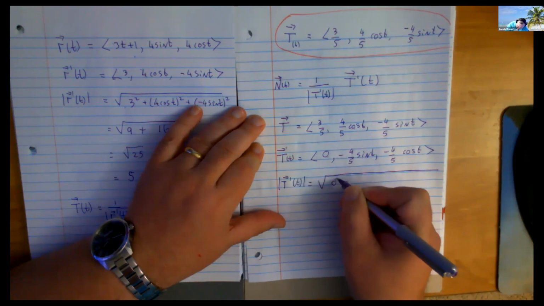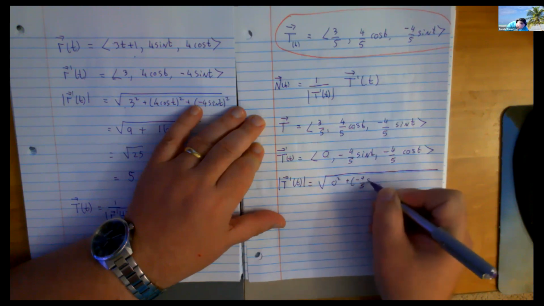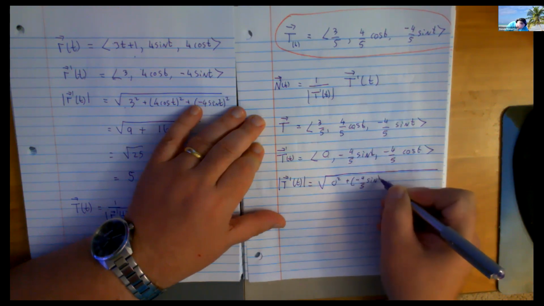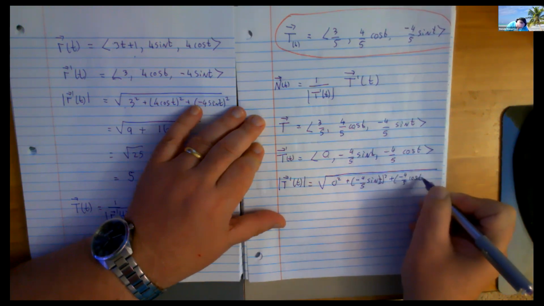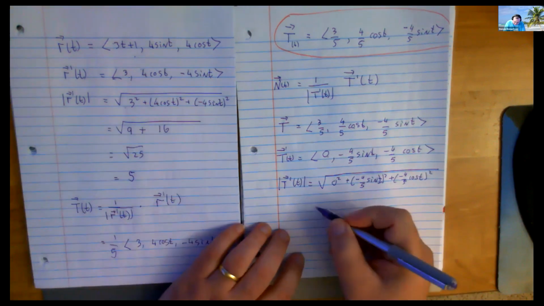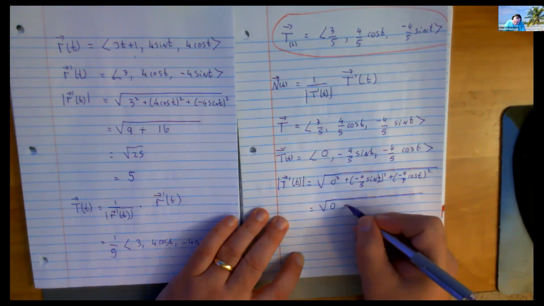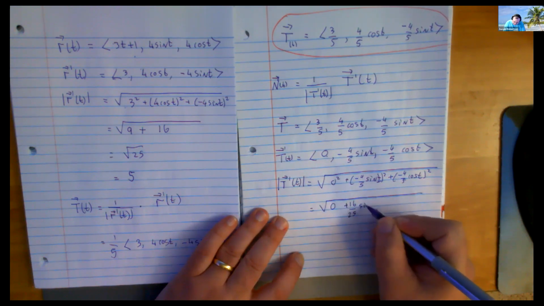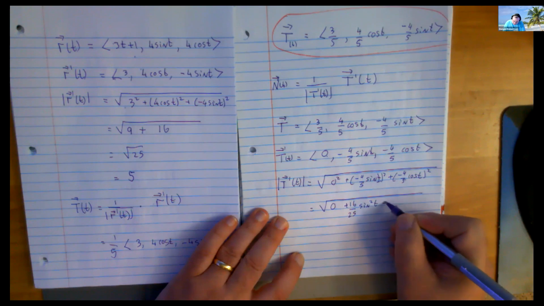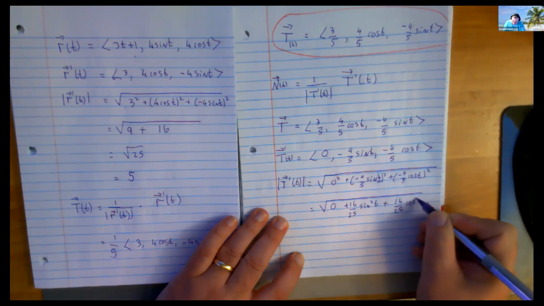Zero squared, negative 4/5 sine squared, negative 4/5 cos squared. And what does that get me? It gets me 0, positive 16/25 sine squared, plus 16/25 cos squared.